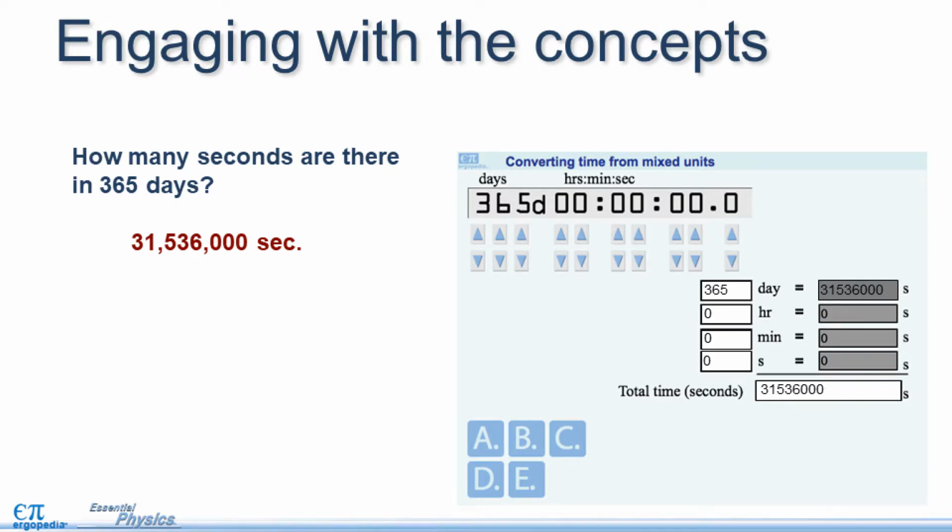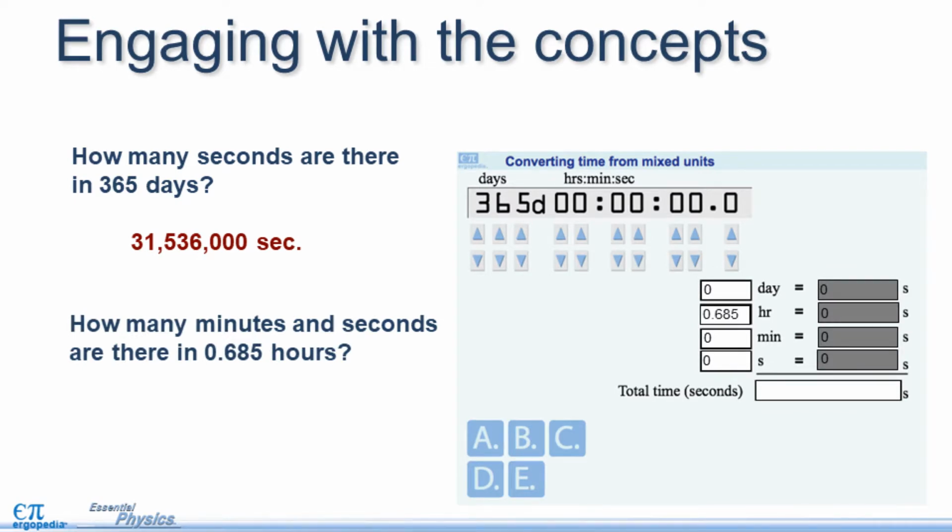Here you can see the online calculator gives you an answer of 31,536,000 seconds. So the online calculator is really neat to use. However, you have to be careful in getting too used to using it, because when it comes to my test and the AP exam, you won't have this available to you.